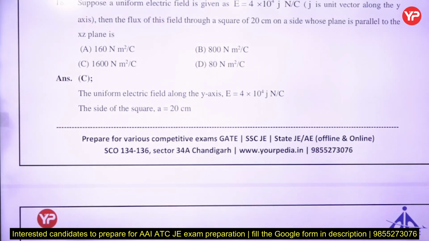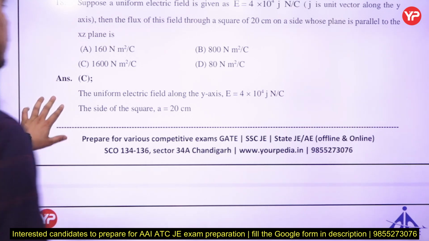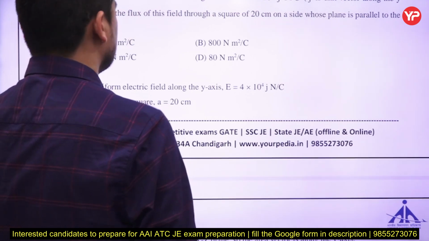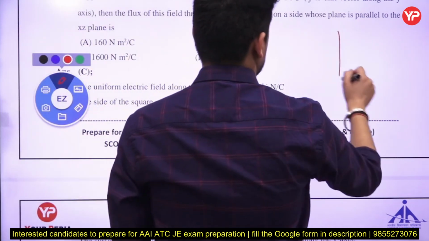Suppose a uniform electric field is given to you, then the flux of this field passing through a square plate whose plane is parallel to the xz plane. Basically, let us take this as your xy plane.